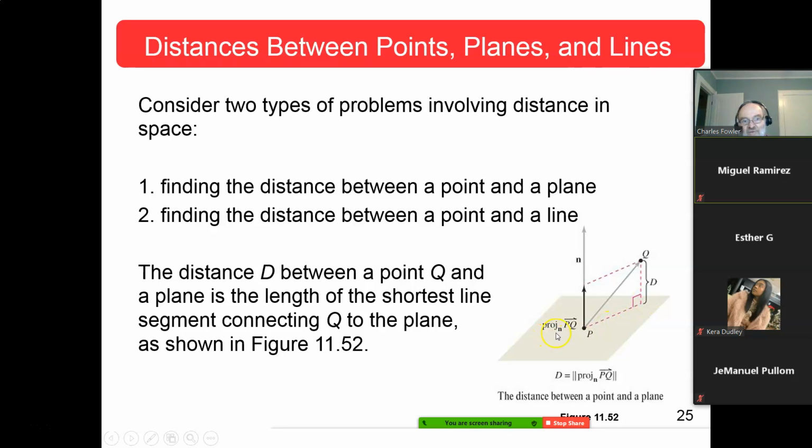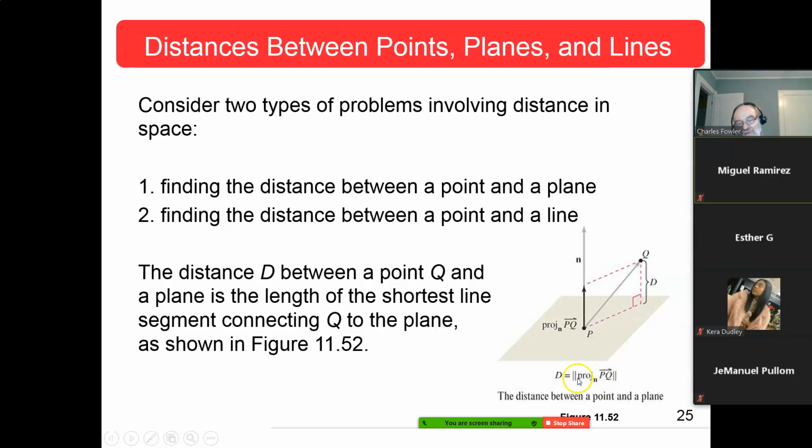They show this as the projection onto the normal vector for that plane. And if we know the plane, we know the normal vector to it. So the projection of that line PQ onto that normal vector. We did that a little bit earlier, and we will do it again now.